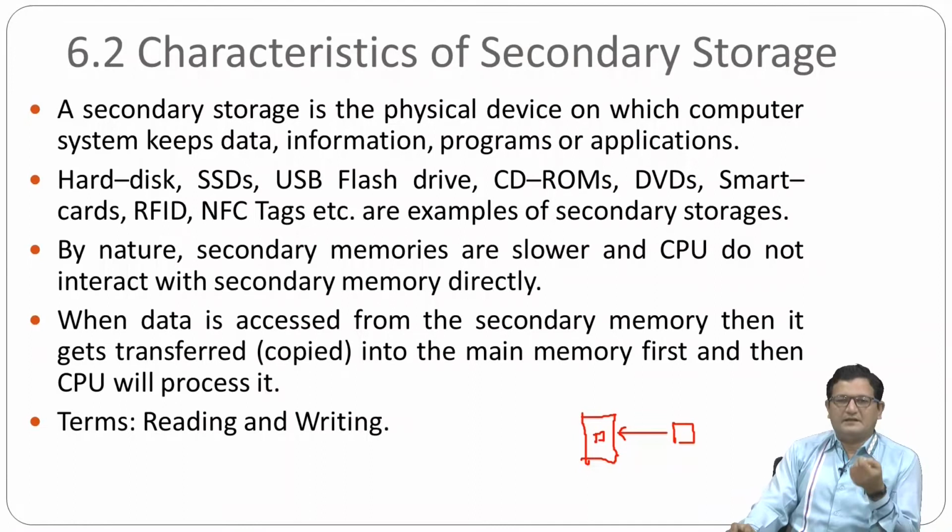Right. Similarly, think of the reverse process. Suppose some data is there in the random access memory, and the CPU needs that data to perform processing, right? So here, the CPU takes data from the random access memory, and this operation is known as a reading operation, right?